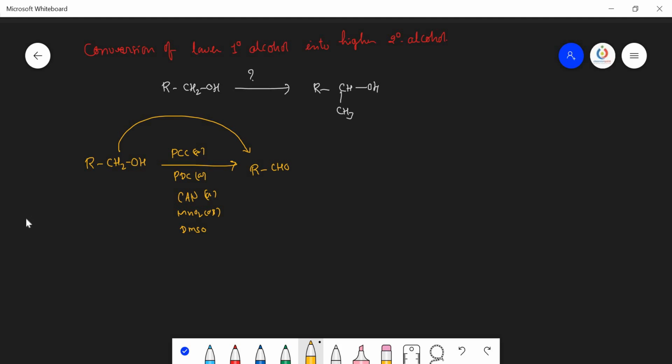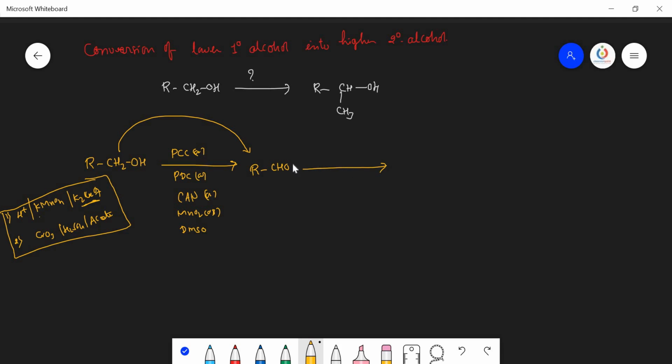Means we are not using the three oxidizing agents, those are H plus KMnO4 or K2Cr2O7. This is the first one. Second one is CrO3, H2SO4, acetone. And here K2Cr2O7 also I had introduced. These are the strongest oxidizing agents which directly convert the primary alcohol into the carboxylic acid. But we don't want the carboxylic acid here.